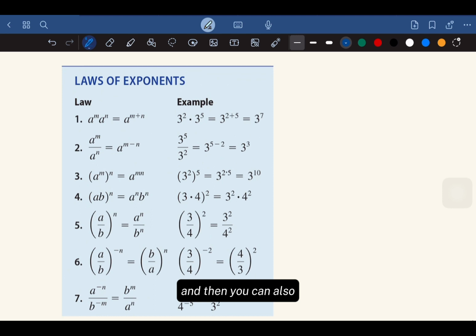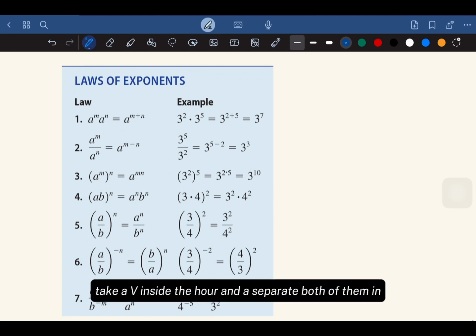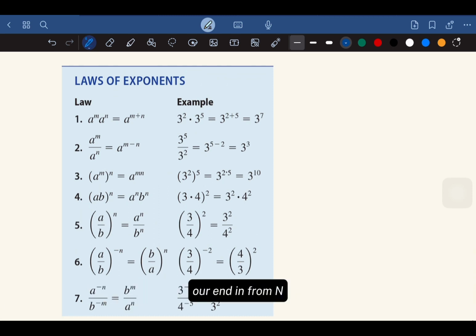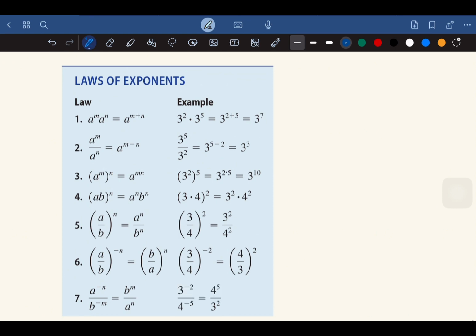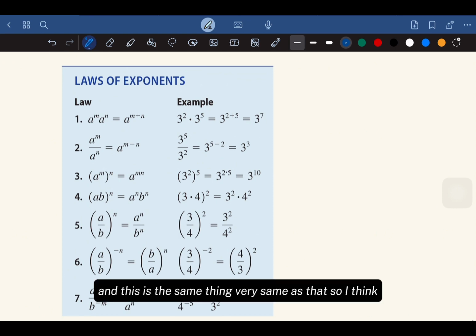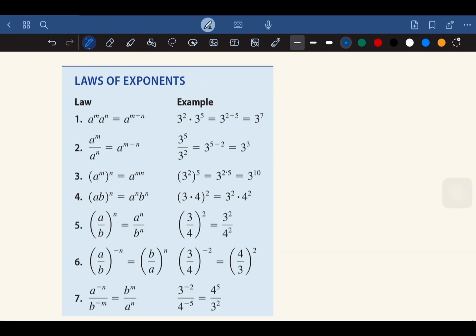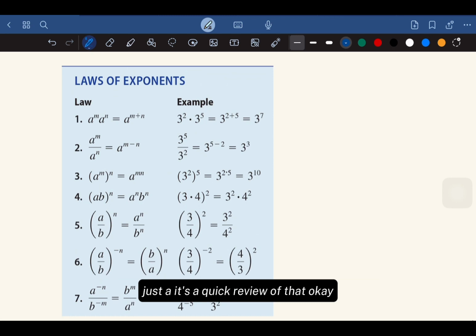And then you can also take AB inside the power and separate them into A power of n, B power of n. The same way when you divide them, and if it is reciprocal like this, you can reverse the numerator and denominator as well. And this is the very same thing as that. So just a quick review of that.